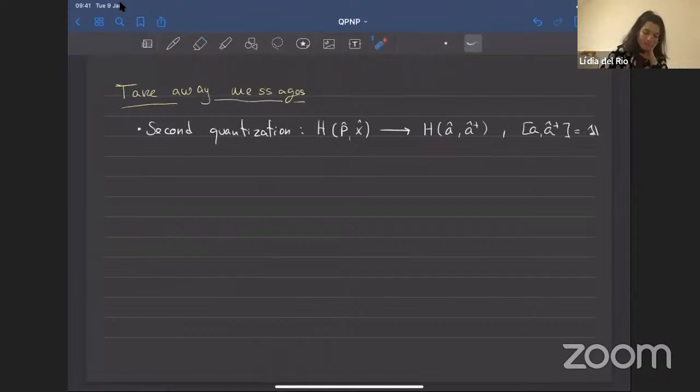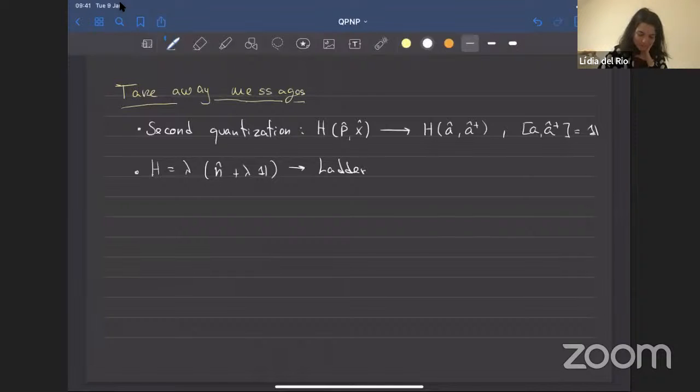Good. If we do this, if we can write H equals some constant times n plus some other constant times the identity, where n we know what it is, then we have a ladder system, right?